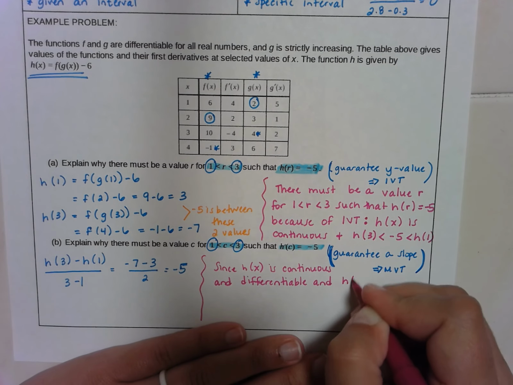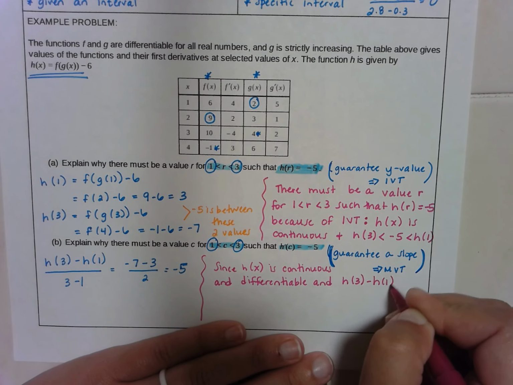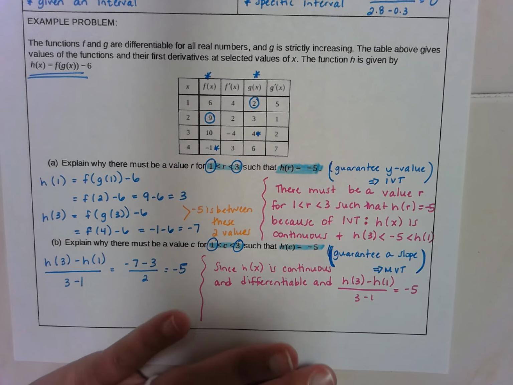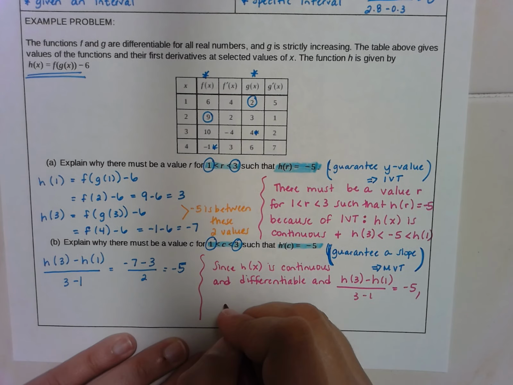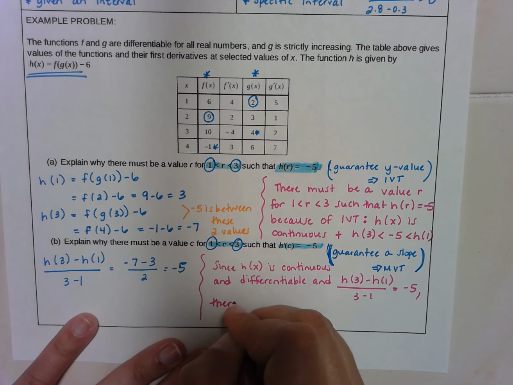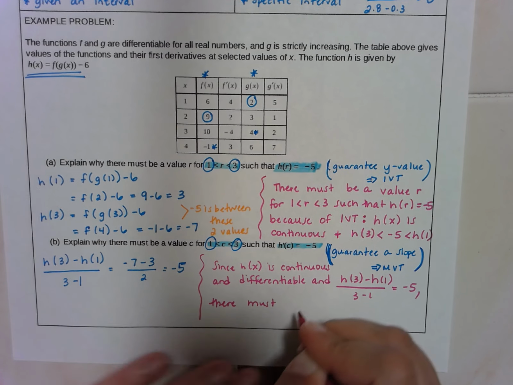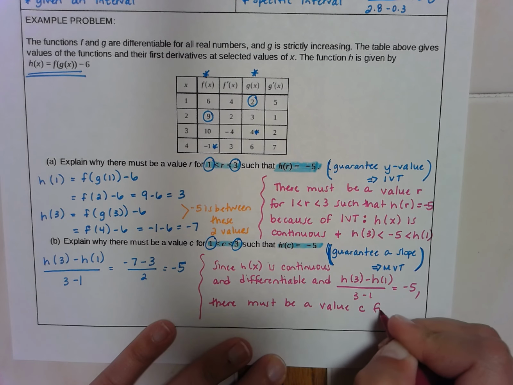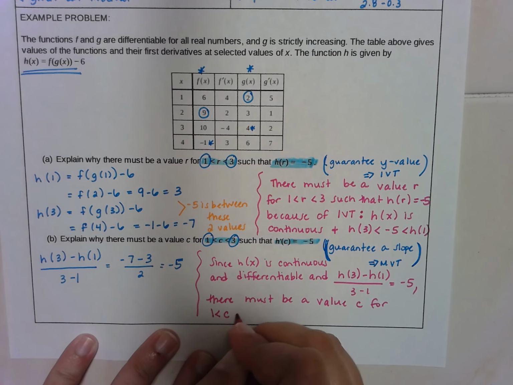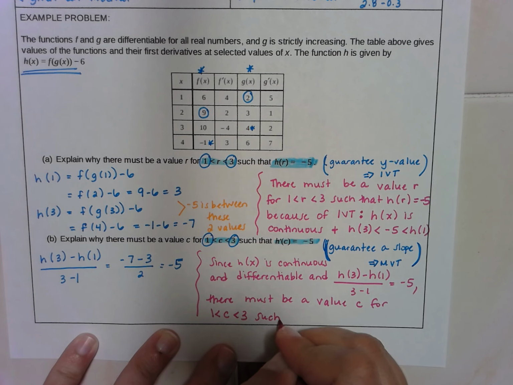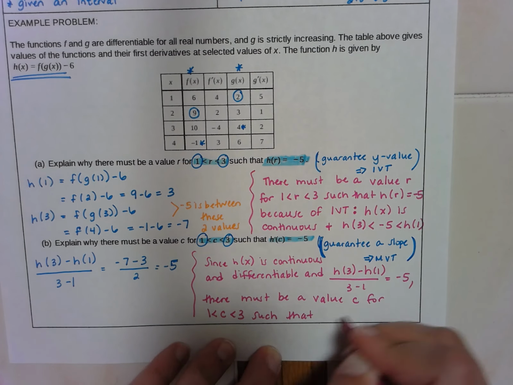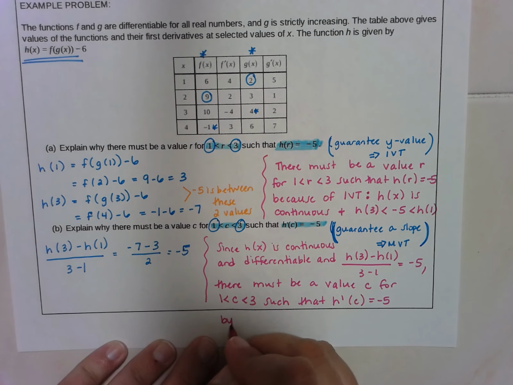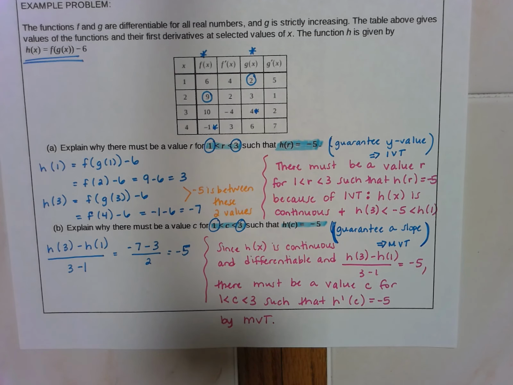and h of 3 minus h of 1 over 3 minus 1 equals negative 5, and since my average rate of change is negative 5, there must be a value c for 1 is less than c is less than 3, such that h prime of c equals negative 5 by the mean value theorem.